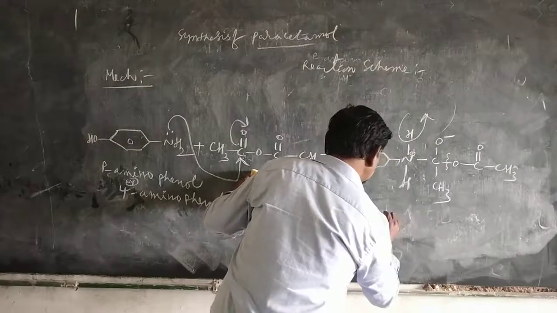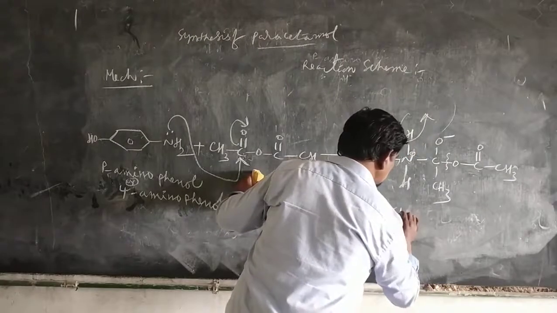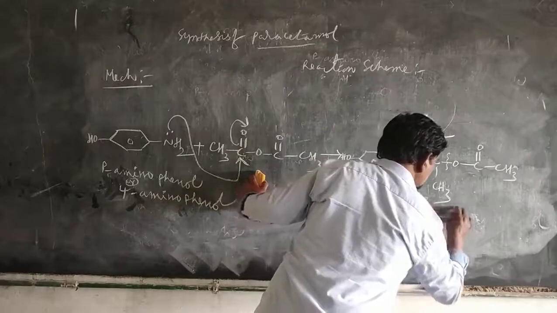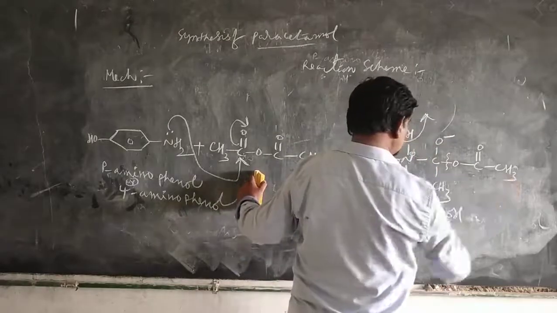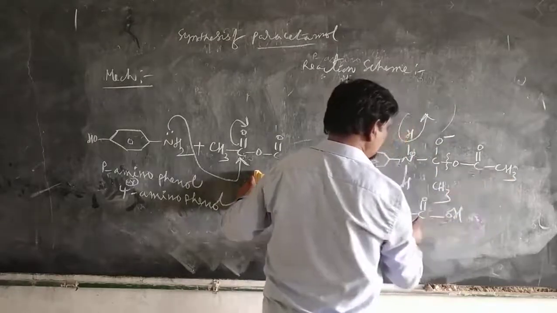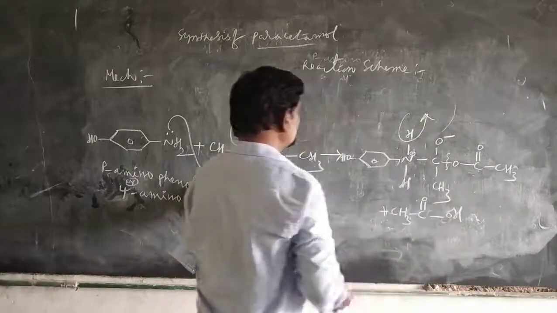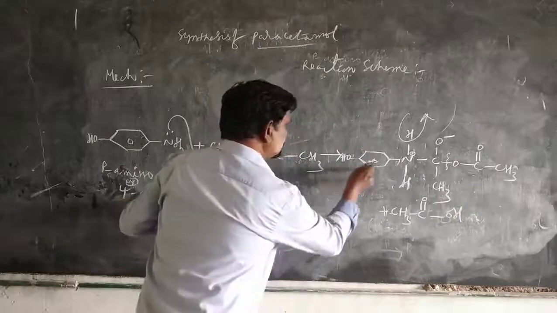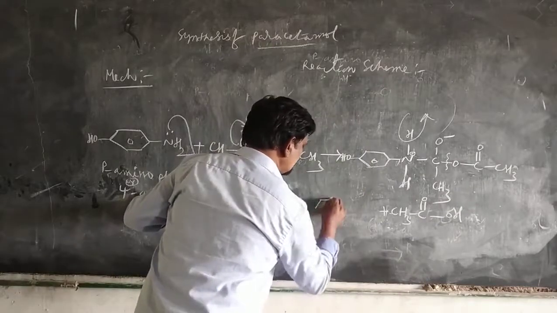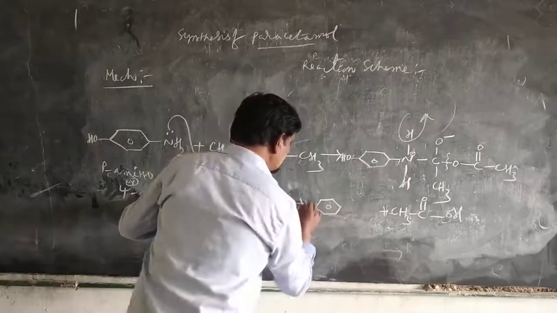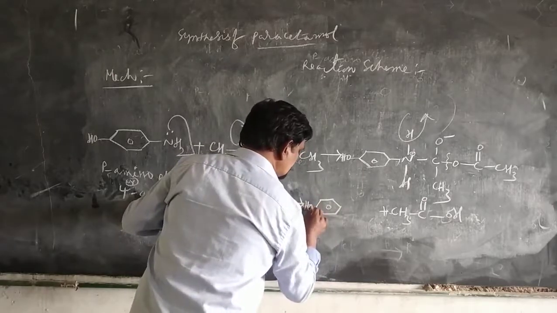So they eliminate acetic acid, CH3 C double bond O and O H. The remaining main product is a benzene ring, with this position connected with OH group.